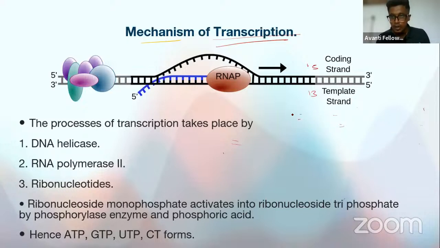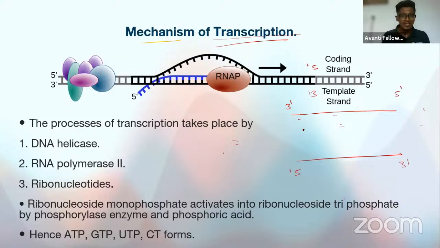Sure. Now I have two DNA strands. This is my template DNA, 3 prime to 5 prime. This is my coding DNA, 5 prime to 3 prime. Now my RNA synthesis has to happen here. Let's say that A, C, C, G, T, A, G, let's say.